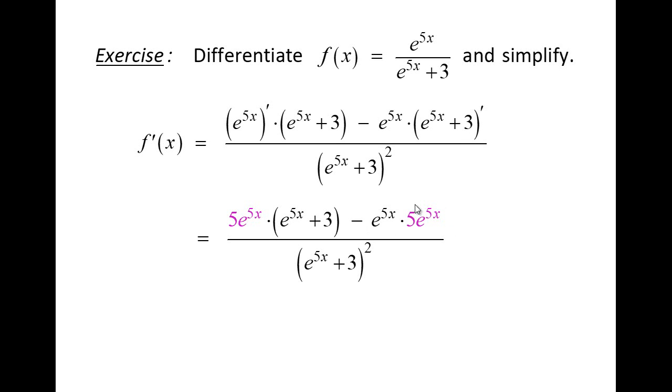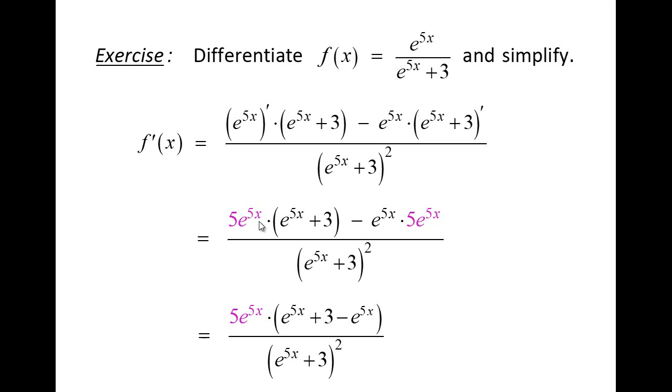So at this point we can factor out 5e^(5x), and if we do that, we get 5e^(5x) times e^(5x) plus 3 minus e^(5x), and e^(5x) cancels out, and we end up with, because now we just have 3 here, so 3 times 5 is 15e^(5x) over e^(5x) plus 3 squared.